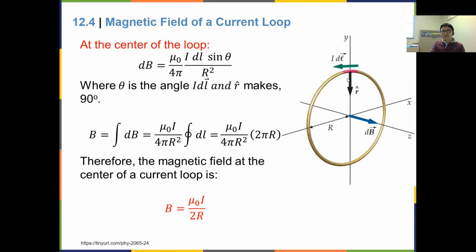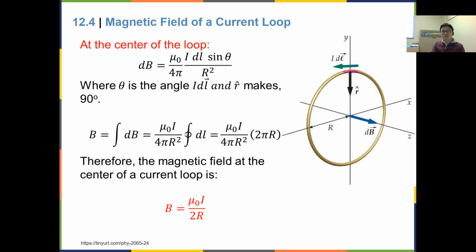The angle theta will be 90 degrees, so the sine becomes 1. Then dB will be just equal to mu naught I dl over 4 pi r squared. And then you integrate to find the total B field at the center. I is not dependent on dl, and r is not either; they are both constants.